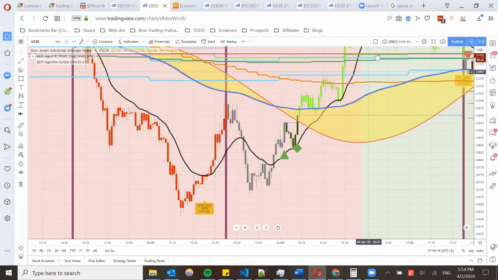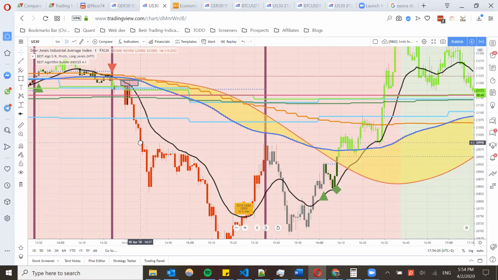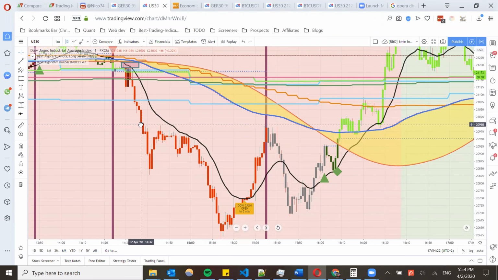I was meaning when you are already in a sell trade, no need to exit when you are below the EMA 20. For this specific move, yes. In the specific trade, yeah.